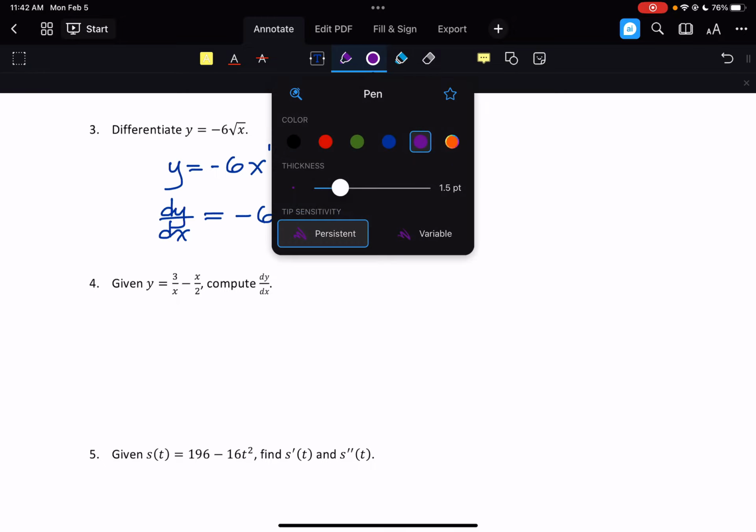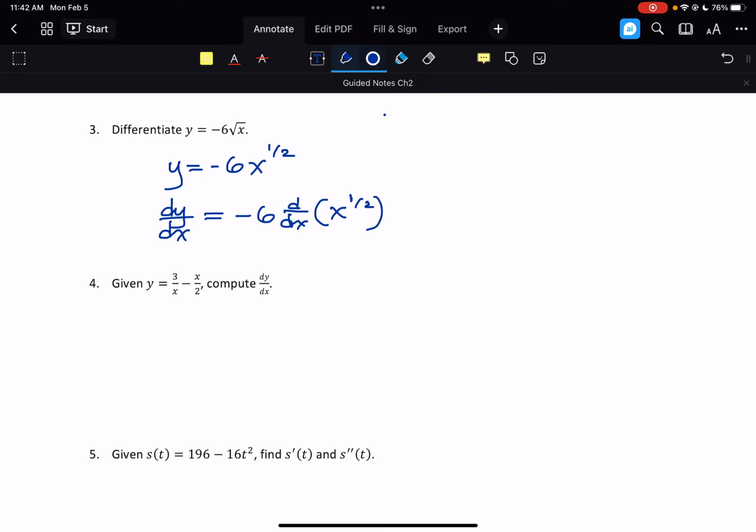So if we take x to the 1/2, we're going to bring down the 1/2 and subtract 1. So that's 1/2 x to the negative 1/2. Then we take this negative power and move it down to the bottom. So that's going to be 1 over 2x to the positive 1/2.